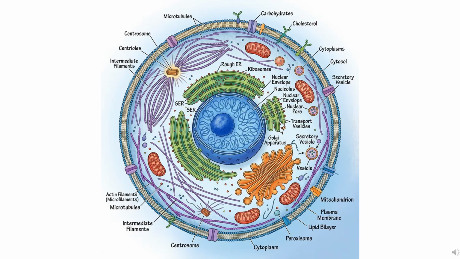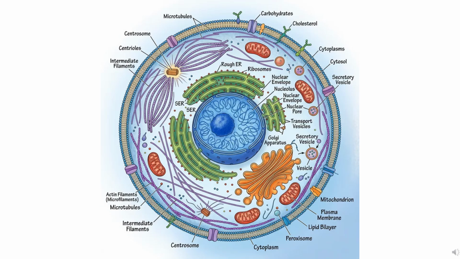Energy production occurs within the mitochondria and chloroplasts in plant cells, while proteins and lipids are built, modified, and transported by the collaborative efforts of ribosomes, the endoplasmic reticulum, and the Golgi apparatus. Cellular waste is broken down by lysosomes, and the entire cell maintains its structural shape, internal organization, and movement through a supportive network of protein filaments known as the cytoskeleton.